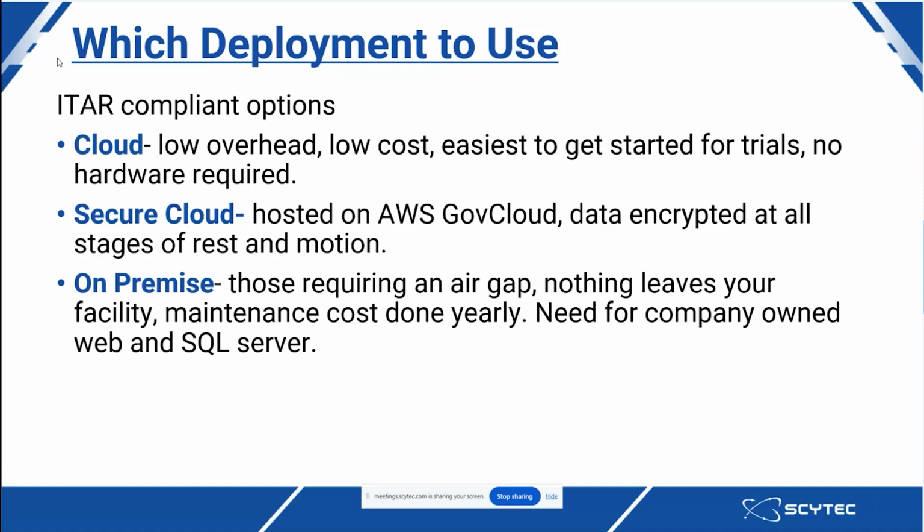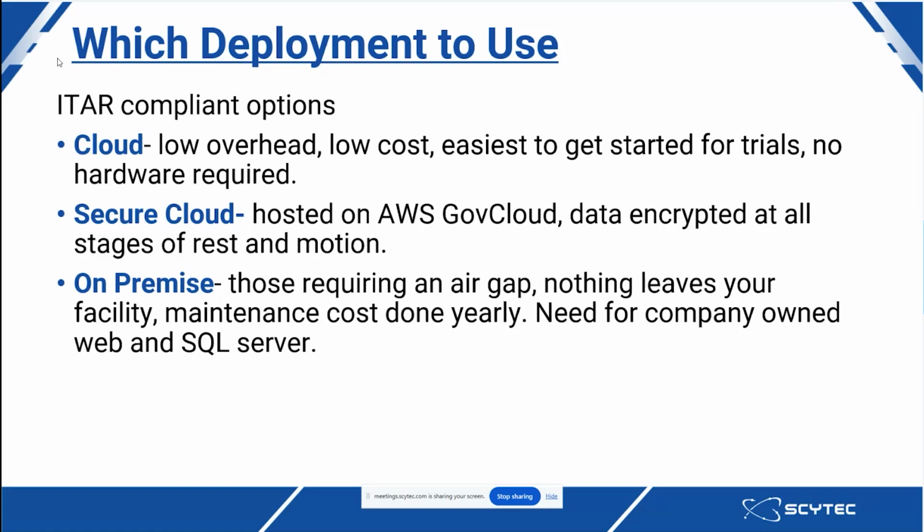The most common is our commercial cloud offering, which offers low overhead, low cost. It is the easiest to get started for trials. No hardware is required. For those of you that have newer machine controls that have Ethernet ports on them, which can include things like the FANUC 0 and 31i series, the Okuma OSP 300 and 500, the entire Mazak Smooth lineup.